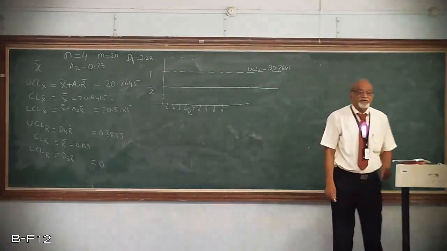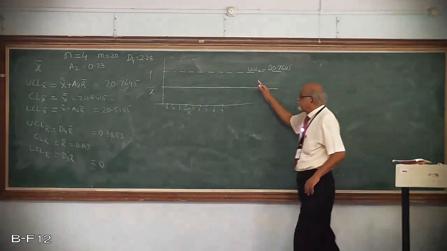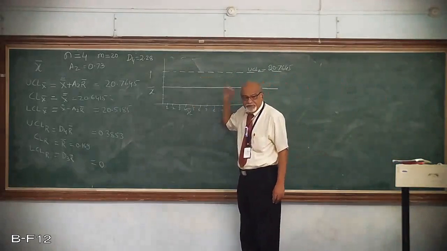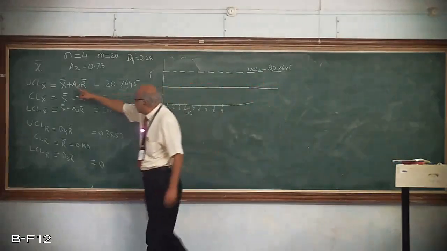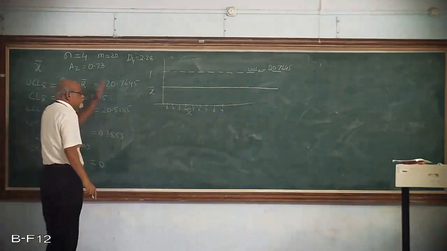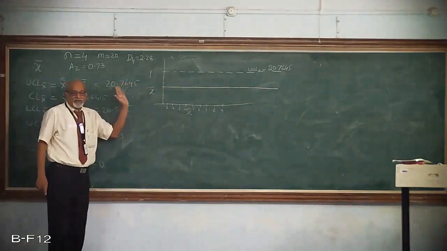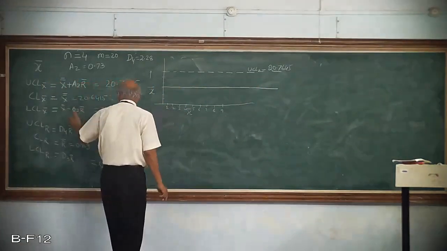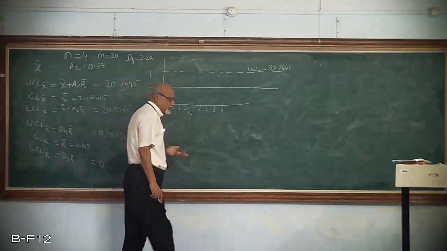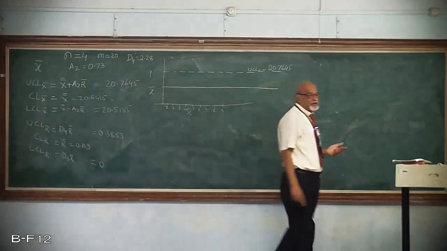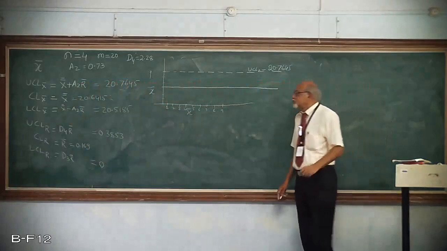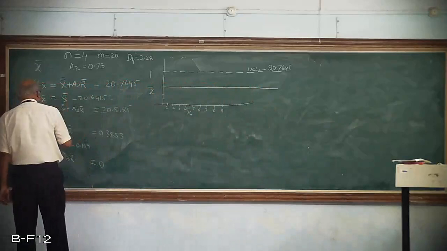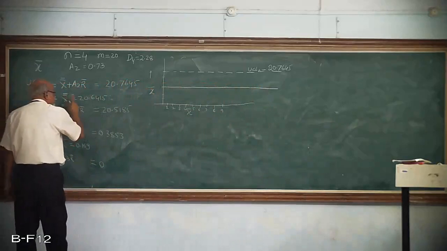Try to understand here, the upper control limit and the lower control limit are equidistant from the central line, because here you can observe this is plus or minus A2 R bar. This is true. Okay, that is what you need to think about. In case of R chart, it may not be. That is what we need to understand. But in case of X bar chart, it is never called X chart. It is called X bar chart.